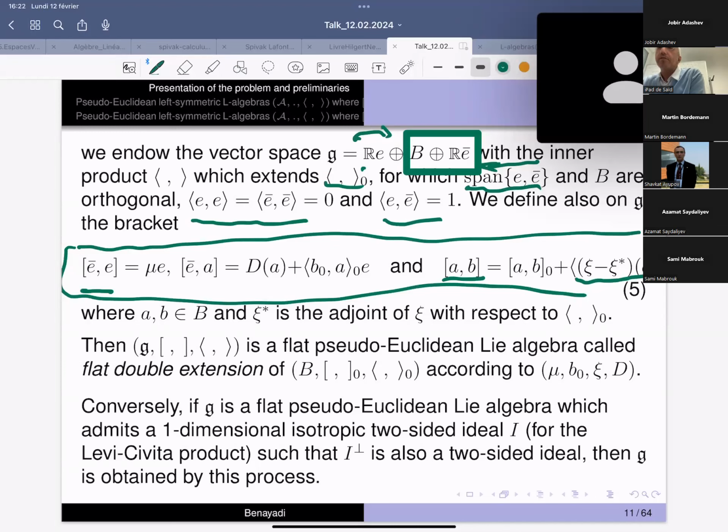The first extension is central, and the second is a semi-direct product, or in general a generalized semi-direct product.